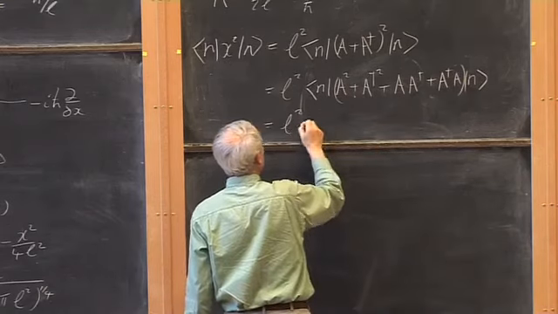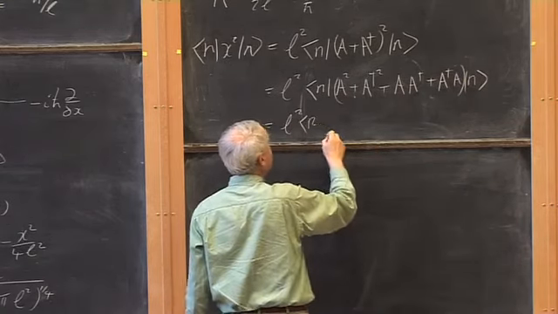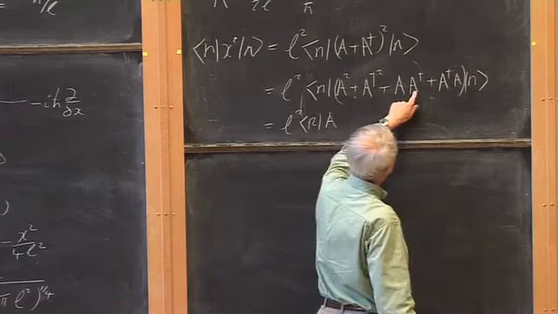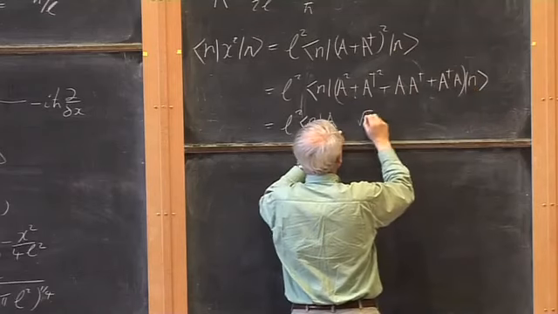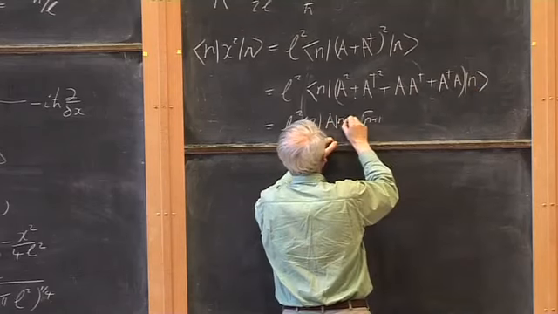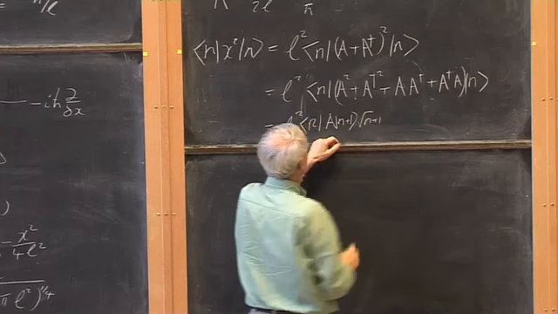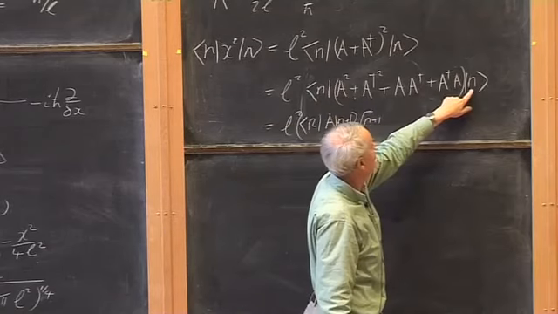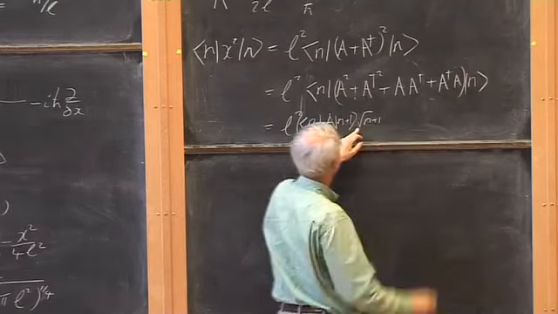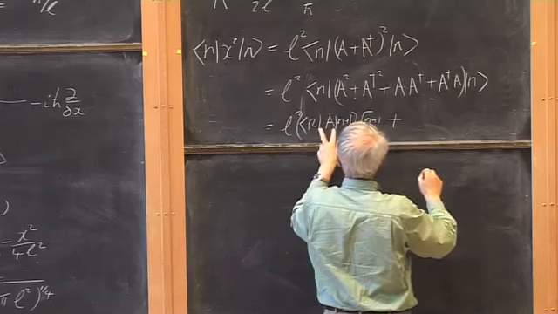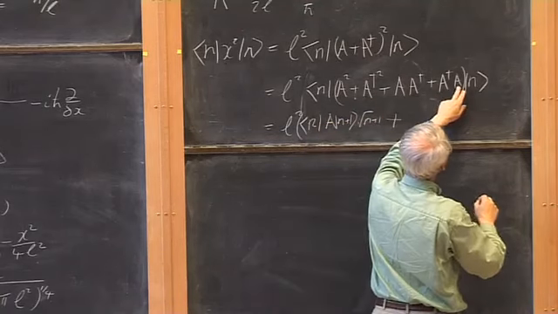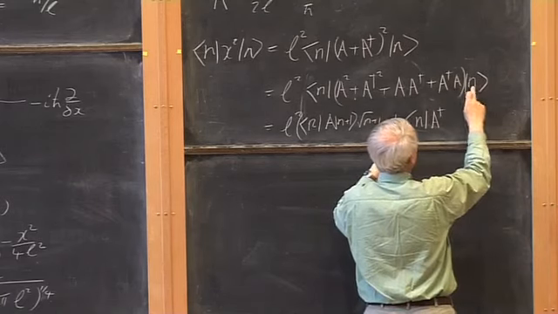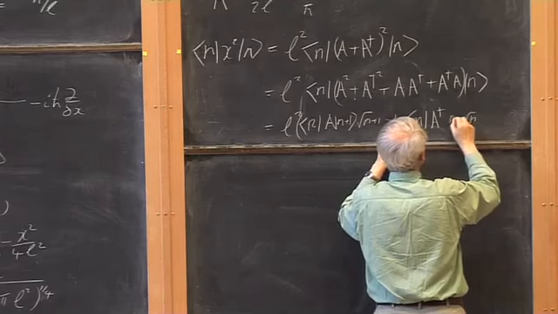So this is going to be L squared of n A. Now, A dagger on this is going to produce root n plus 1 times n plus 1. And now I've left the other A to be done, and here we're going to say that this is equal to n A dagger times the result of A working on that, which is root n times n minus 1.